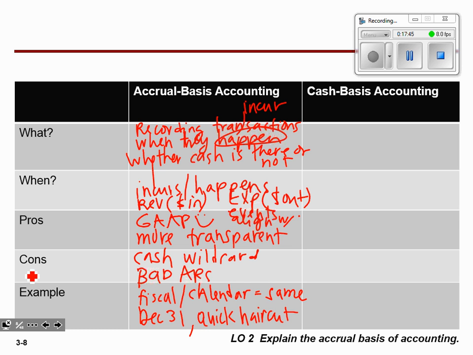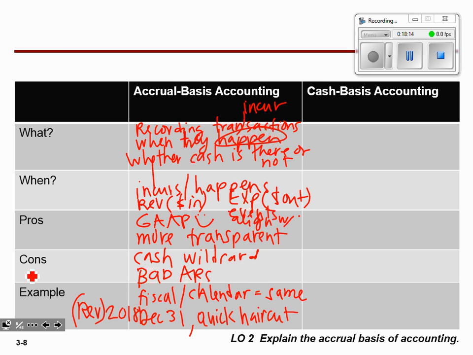We need to record that on December 31st of 2018, that revenue came in. And they said, oh, I gotta go, I'll pay you next week. Well, next week will be a new fiscal year. So under accrual basis accounting, we're like, fine, we'll count that revenue for 2018. We're not going to actually get paid till later, and later meaning another fiscal year.